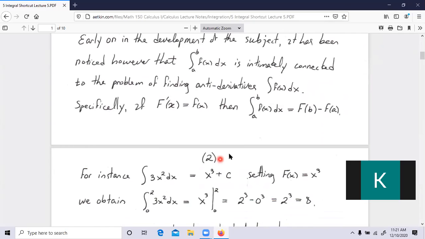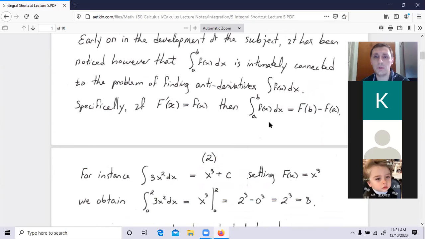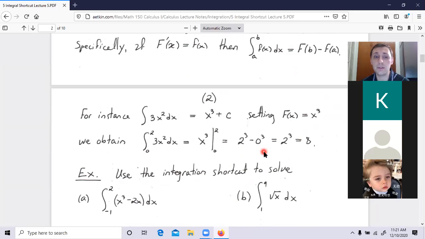Now, what's the link between this process and why do we use this symbol for indefinite integrals? It's the same as that for definite integrals. Why are antiderivatives represented as integral of 3x squared dx? Let's try to see what happens here. I will explain the reasoning for that later.